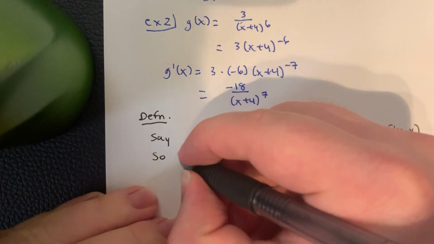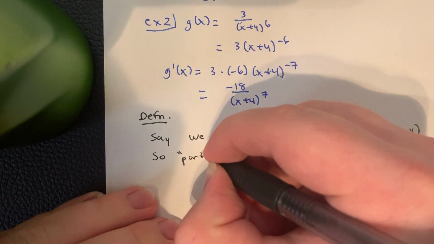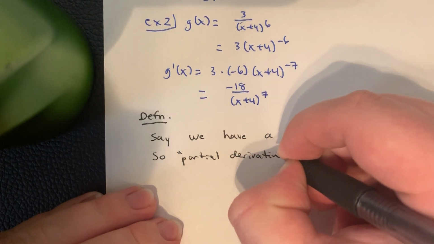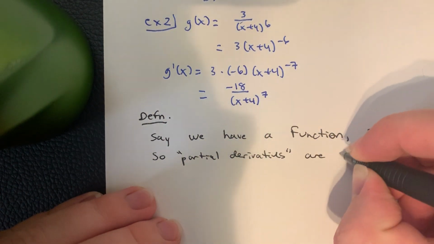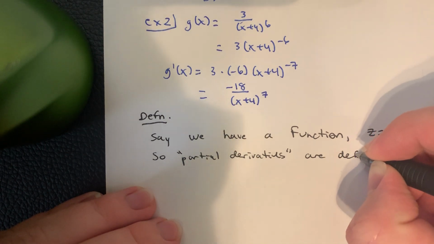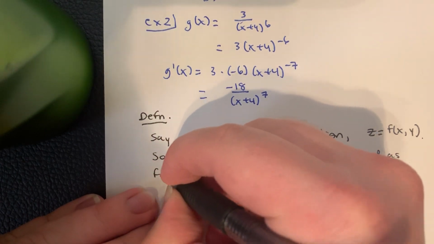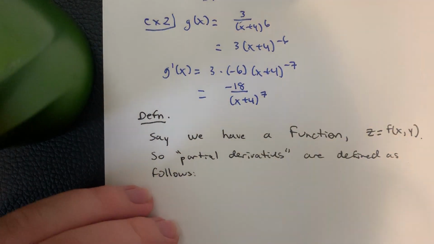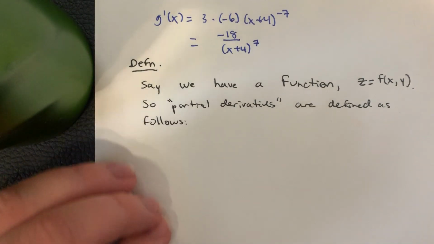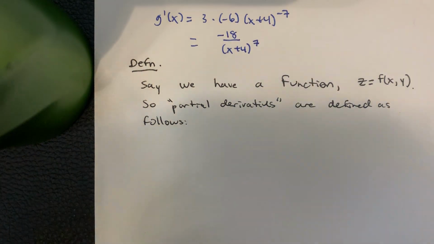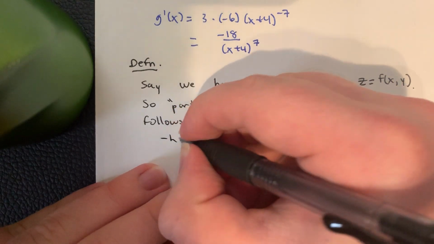So the partial derivatives are defined as follows. Because we can't take a derivative with respect to more than one variable, we have to hold other variables constant.